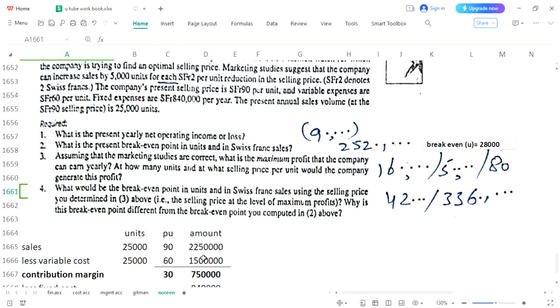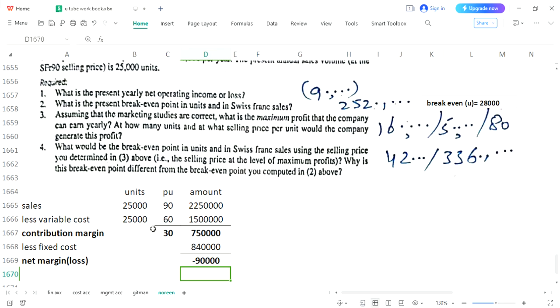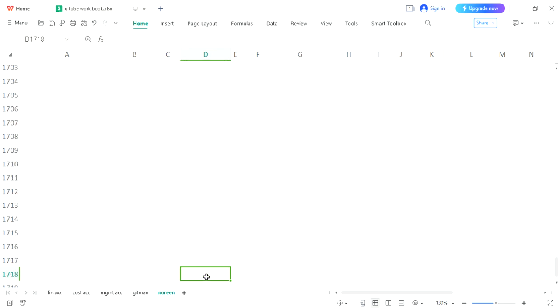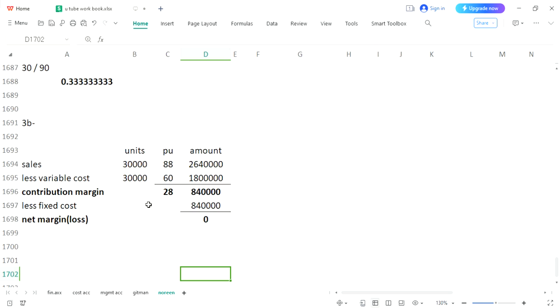The first statement showed that if you sell 25,000 units at 90, you will face a loss. And immediately after that, we have seen that when you sell 30,000 units at 88, you get a break-even point where there is no profit, no loss. But still we are not satisfied. Why? Because we want to earn maximum profit.